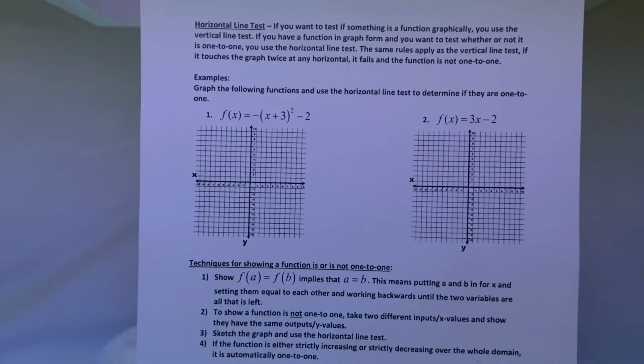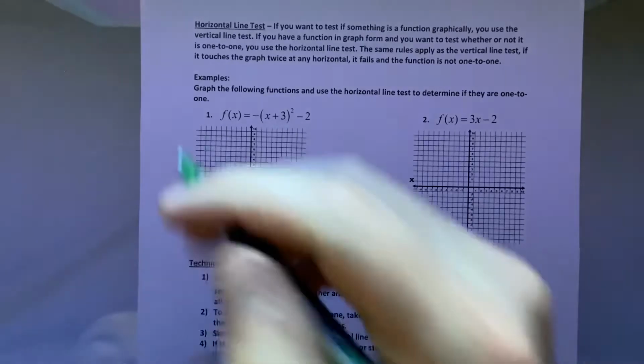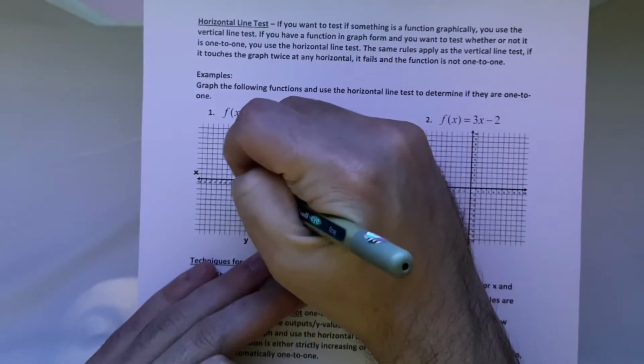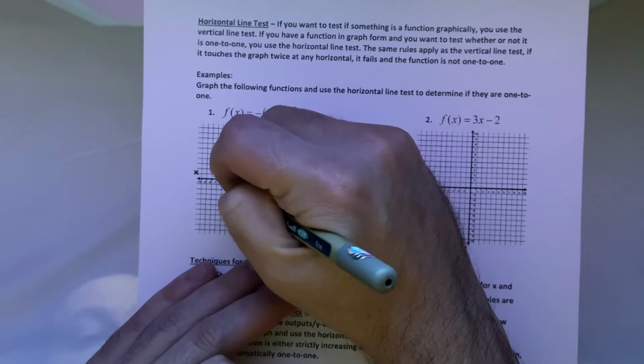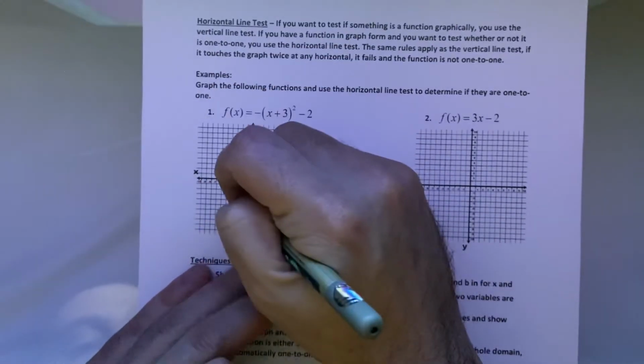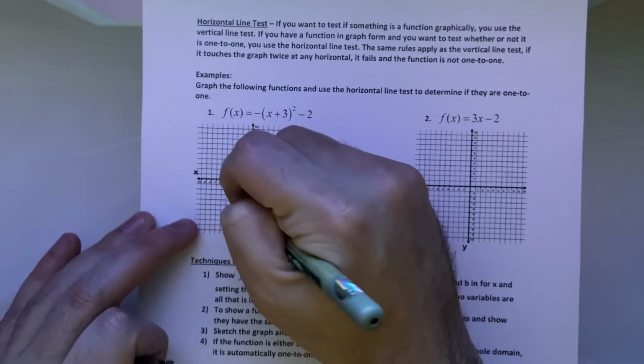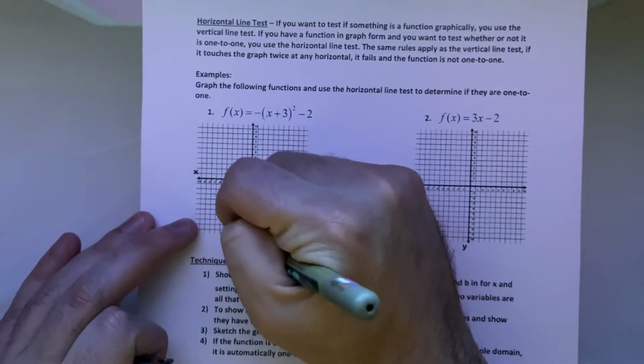Graph the following functions and use the horizontal line test to determine if they are one-to-one. So using some of our skills from chapter 3, negative (x plus 3) squared minus 2. This is a downward facing parabola that starts at (negative 3, negative 2), but otherwise it doesn't have any stretches or shrinks.